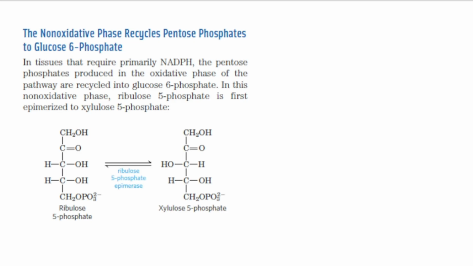So in this whole case, what we were seeing is that one molecule of glucose 6-phosphate was giving one molecule of ribulose 5-phosphate, and during this time there is also removal of carbon dioxide.